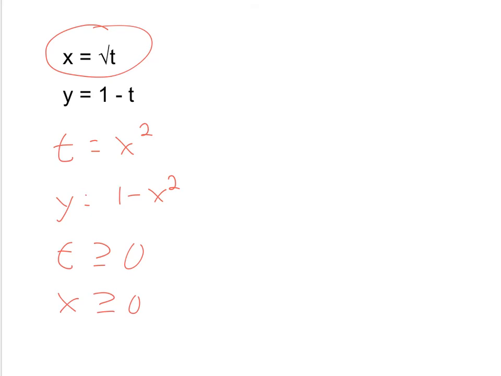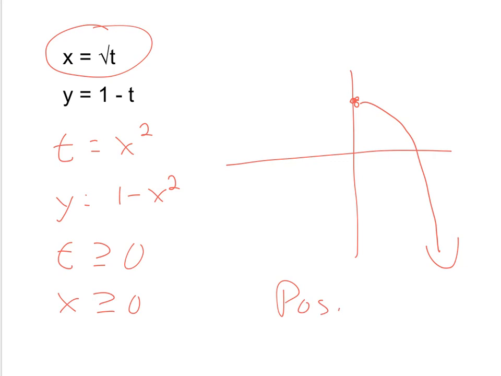Okay, so now x is greater than 0. I have 1 minus x squared. My graph is going to look like this. It's 1 minus x squared, but it's again just the positive side. And as t gets bigger, x is also going to get bigger, so this is a positive or a right graph.